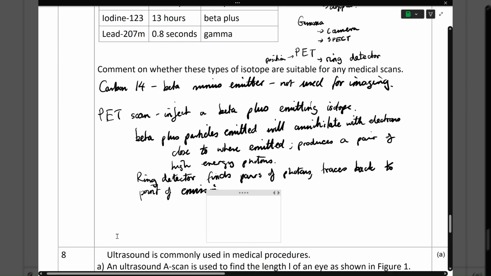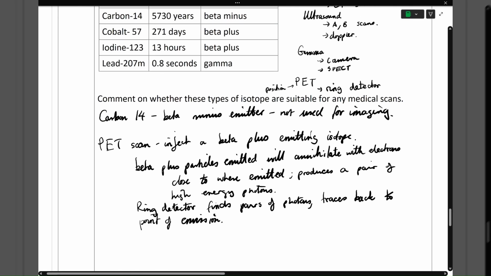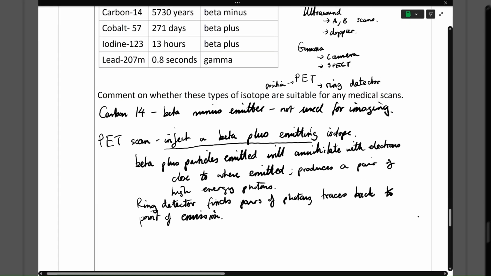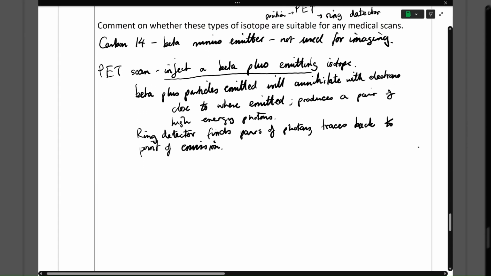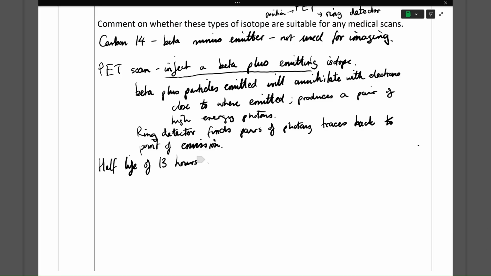So this is useful for us to think about, because we want to decide of these two isotopes which one's going to be most appropriate. And at this point we can look at the half-life. Since we inject a beta plus emitting isotope into the body, a half-life of 13 hours sounds much more sensible than a half-life of 271 days. A half-life of 13 hours should give sufficient time for the radioactive isotope to move through the body.